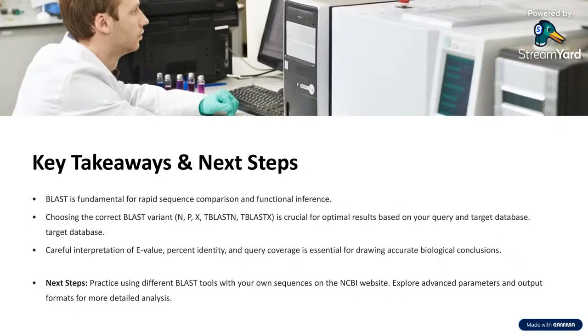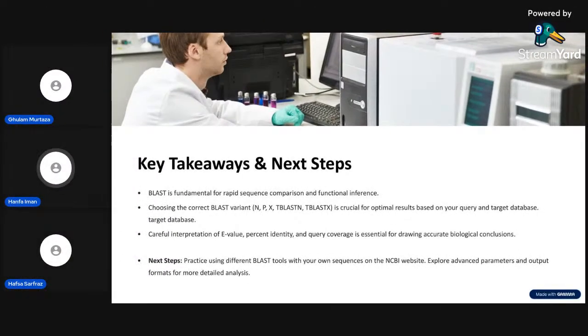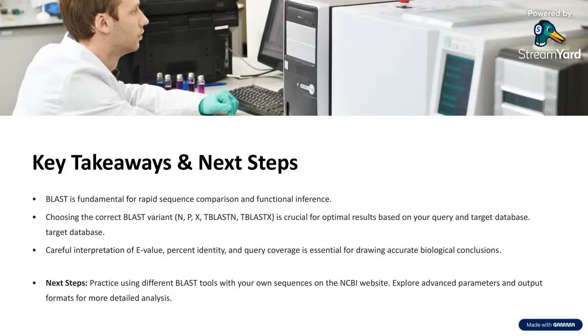BLASTX does not assume which strand or frame contains the correct protein coding region. So it translates your nucleotide sequence in all 6 frames, compares each translated protein to a protein database, and reports matches from any frame that show significant similarities.